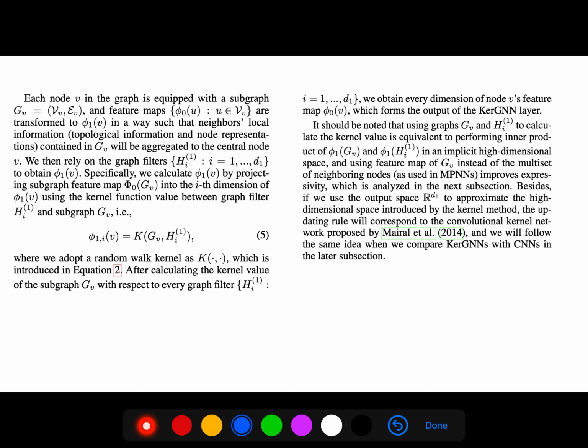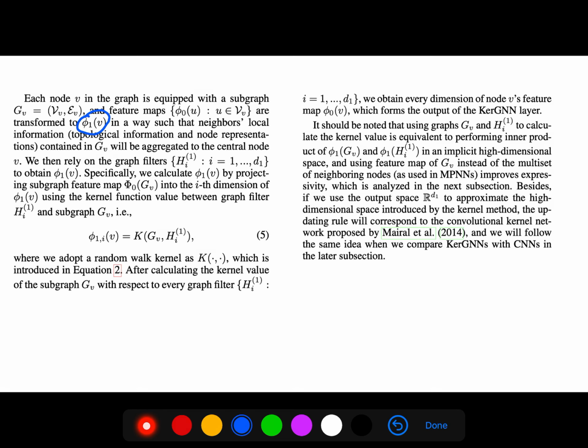So each node is equipped with a subgraph and feature maps, which are transformed to phi sub L of that node in a way such that neighbors' local information, which are topological information and node representation, contained in G sub V will be aggregated to the central node V.